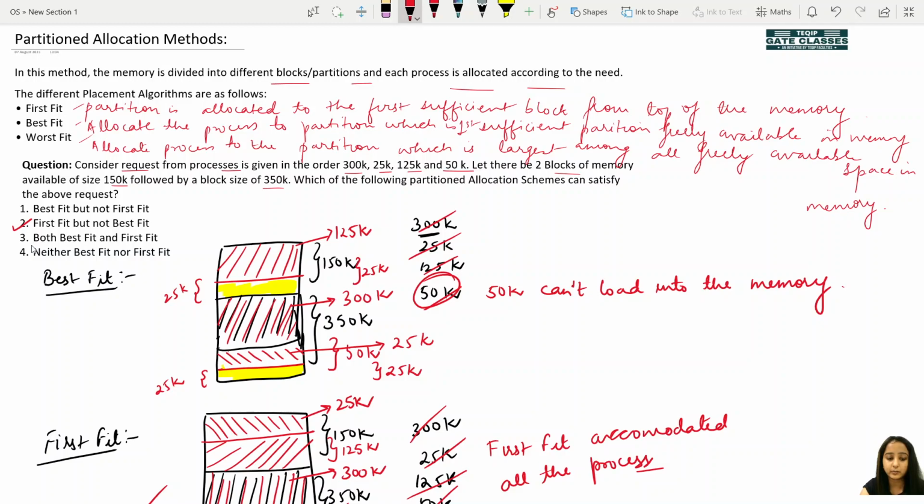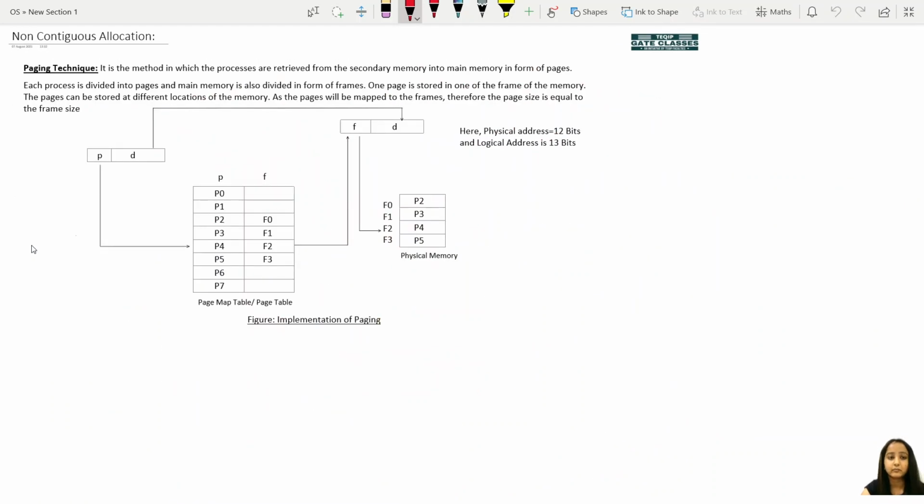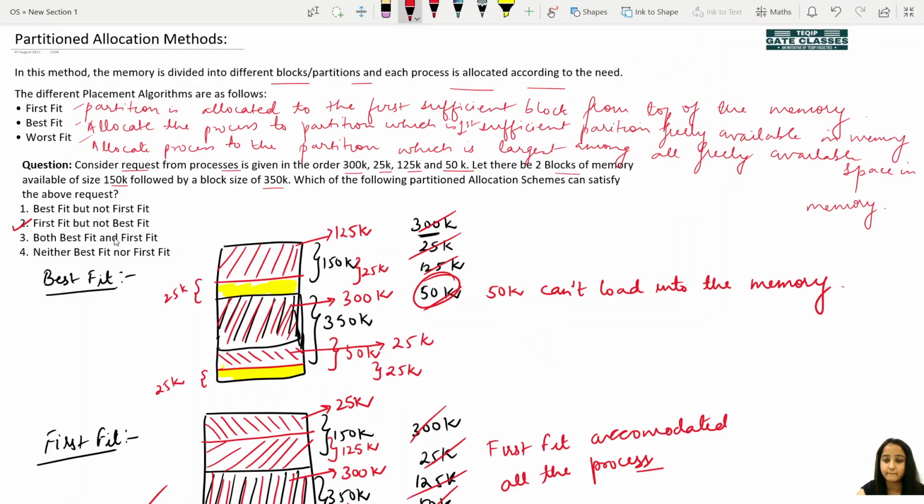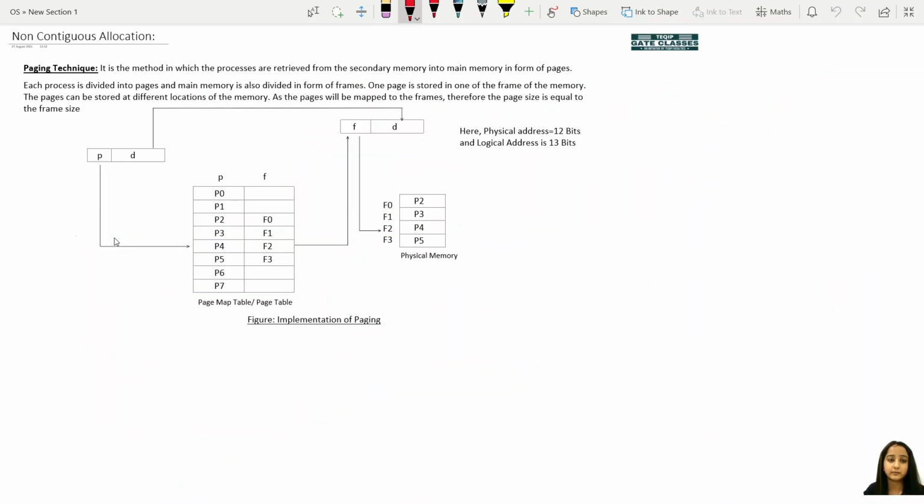These were the partitioned allocation methods. Next one is paging. This is a very important topic, paging. In this paging technique, the processes are retrieved from the secondary memory into the main memory in the form of pages.